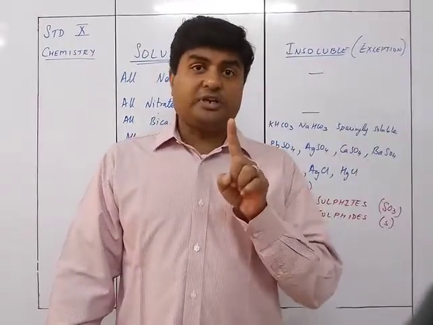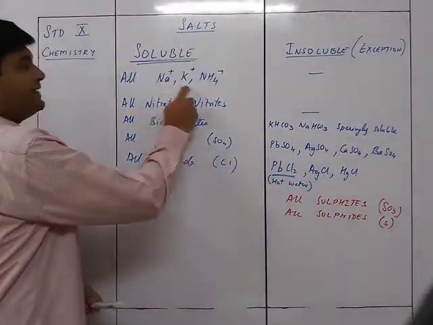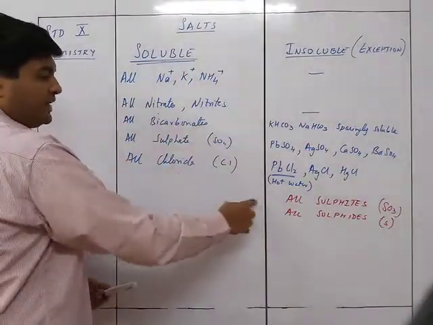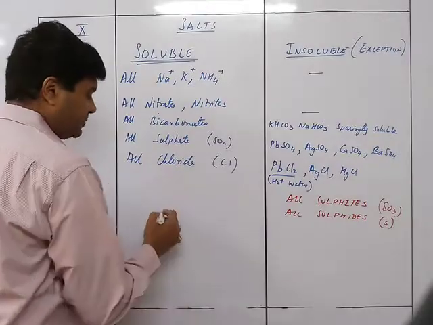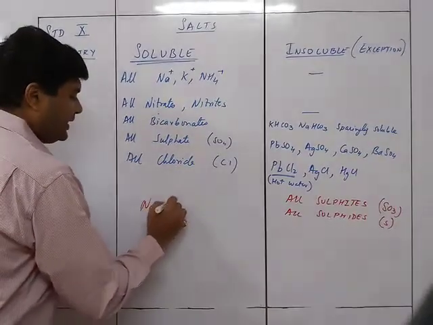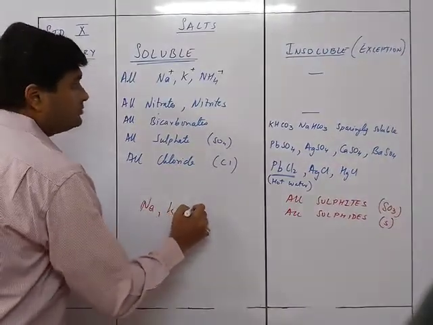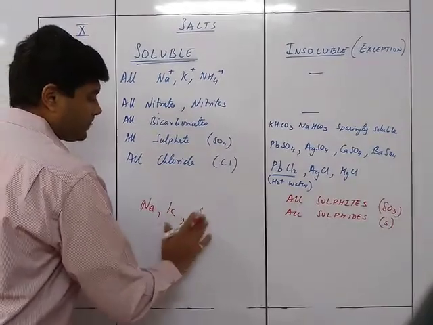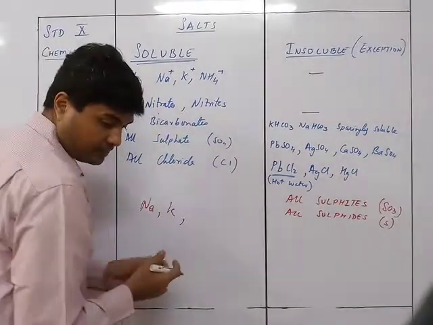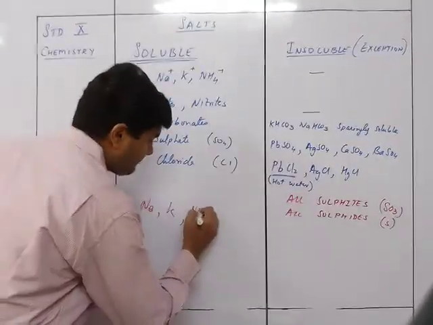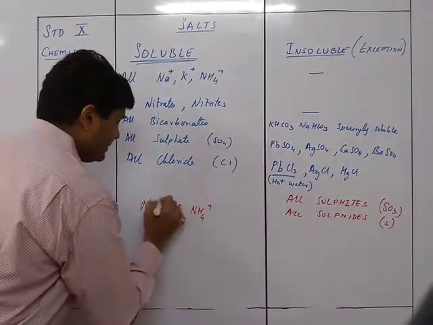But yes, what will be the exception? We know that these are the ones which are all soluble. So the exception for this will be Na, K, and NH4. This is the exception.